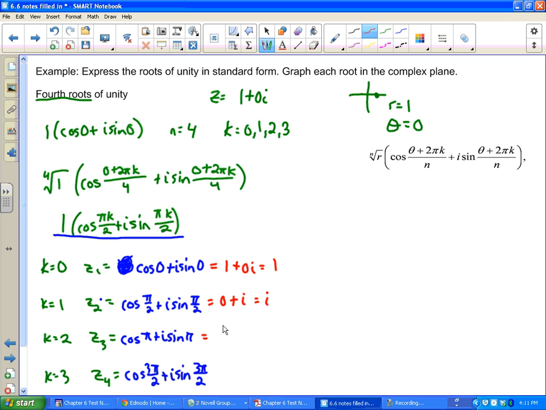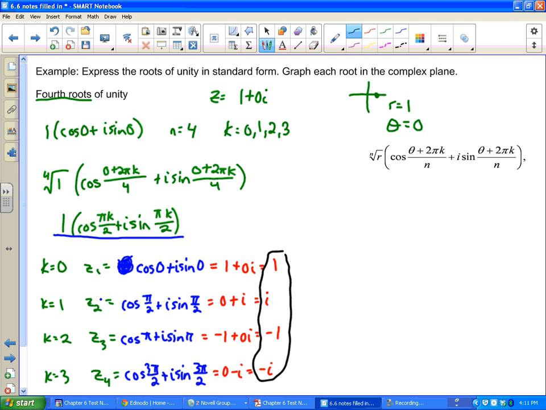And then for pi, it's -1 and 0, so that's really -1. And then for 3 pi over 2, it's 0 and -1, so that's -i. So these right here are our 4 roots of unity. Our 4th roots of unity, I mean.